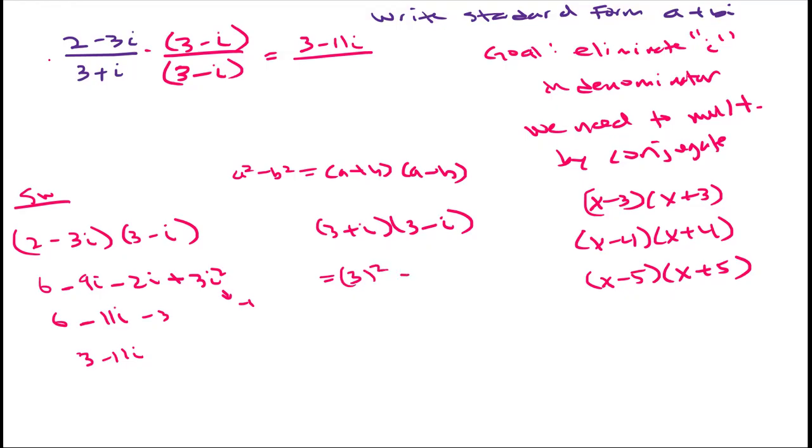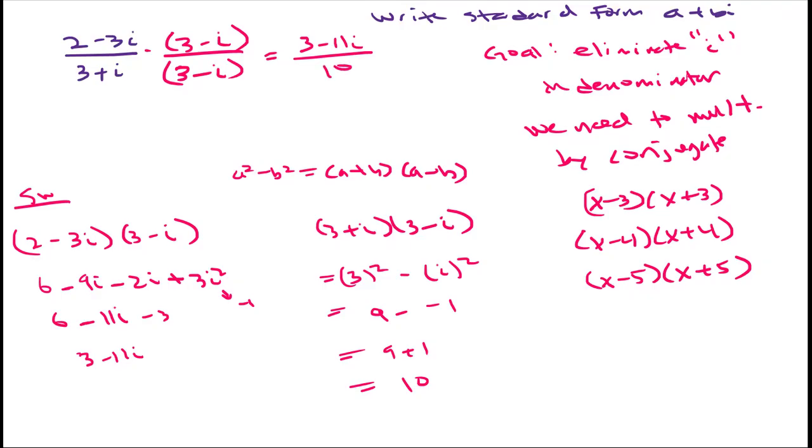And my b is the i, so that's going to be i squared. So that's going to give us 9 minus i squared, which is -1, so that's going to be a -1 here. Two negatives give us a positive, so 9 plus 1 will give us a 10. So the denominator is 10.